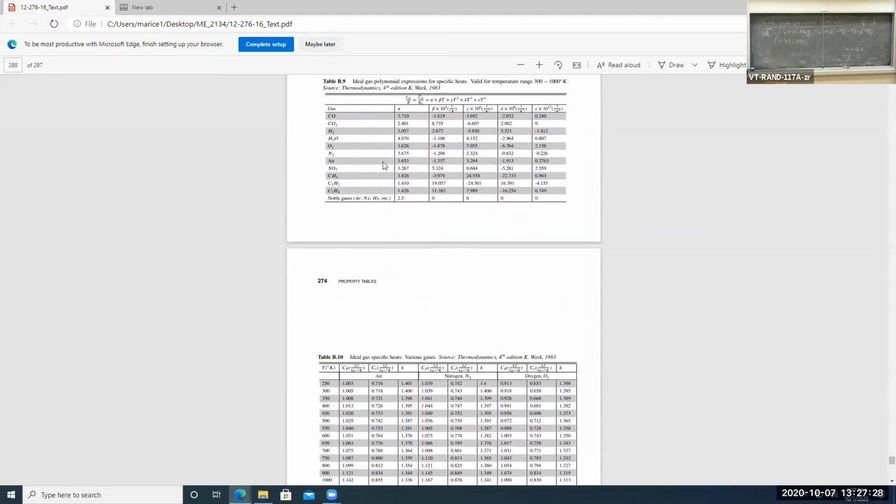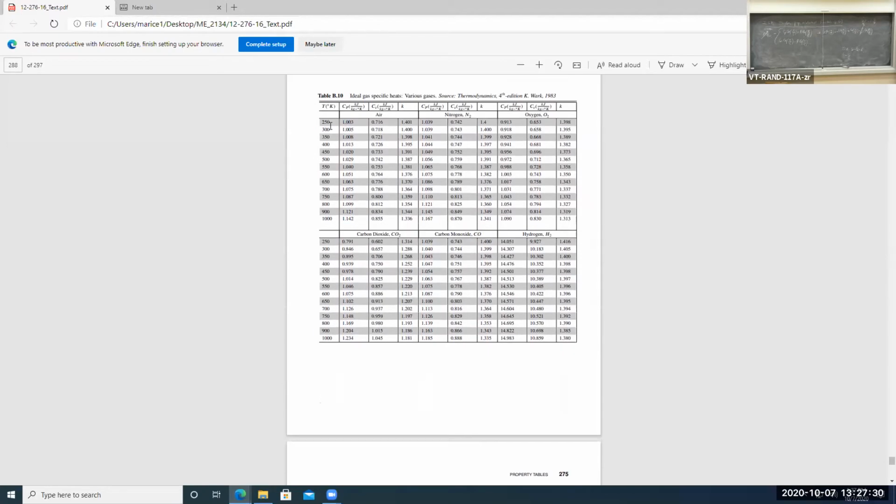Here we have specific heats, Table B10, ideal gas specific heats for various gases. Temperature, Cp, Cv, the ratio. Here's k, for various gases as a function of temperature. Why? Because Cp and Cv vary with temperature. So k, the ratio of Cp over Cv, varies with temperature.